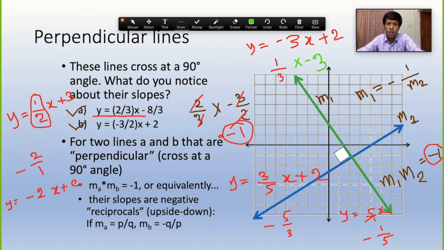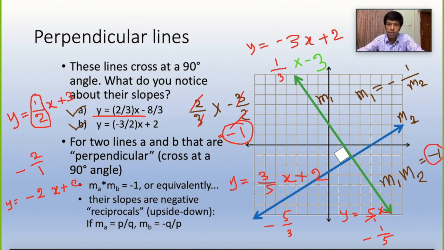So this is the relationship between the slopes of two perpendicular lines. This is the relationship between two reciprocals. Reciprocal means upside down. You can think of it this way also, or we can say negative inverse.